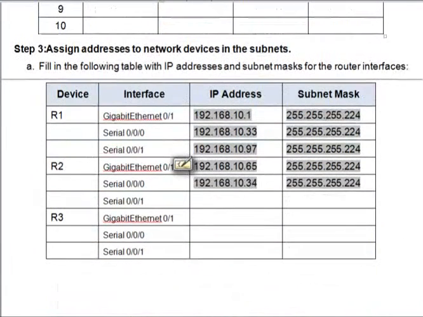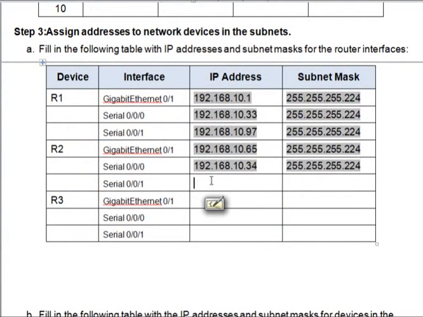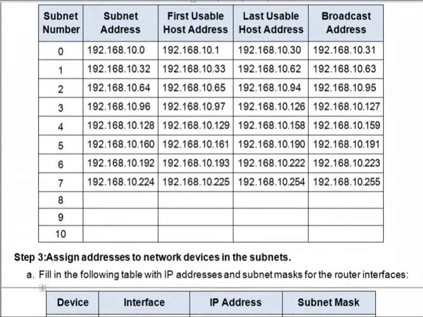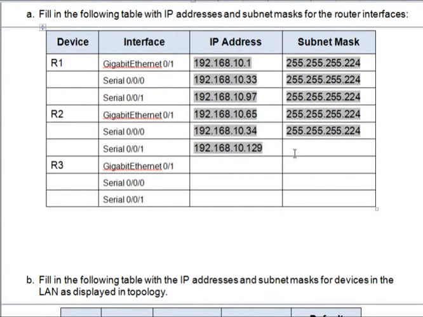So let's go over here and give it maybe 192.168.10.129. Any address within the range is fine, and the subnet mask will be the same, and we proceed to fill in the rest.